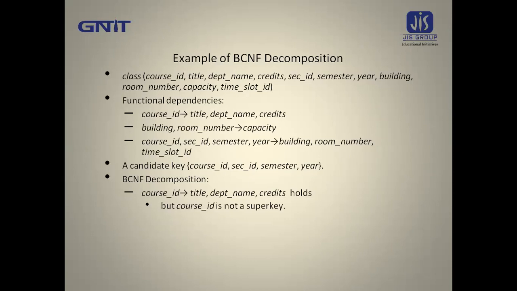Now the candidate key is course ID, section ID, semester, and year. The BCNF decomposition is giving us course ID implies title, department name, and credit. But course ID is not a super key, right? The candidate key is course ID, section ID, semester, and year, and we can clearly say that course ID is not a super key.